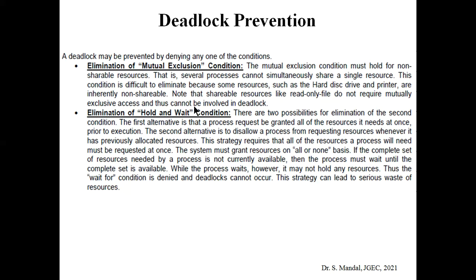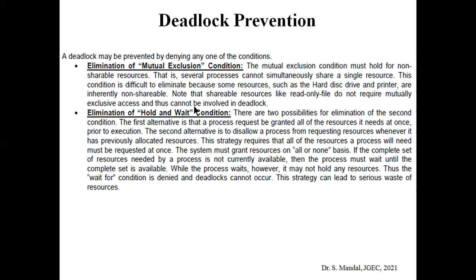However, hard disks, CD drives, and printers are non-shareable, and there is some kind of mutual exclusiveness. That means only one process can access a resource at the same time.